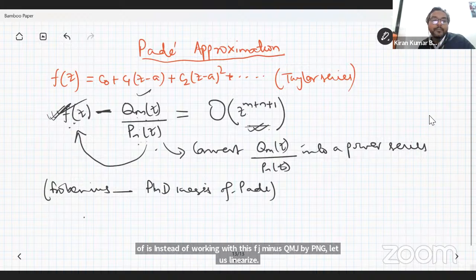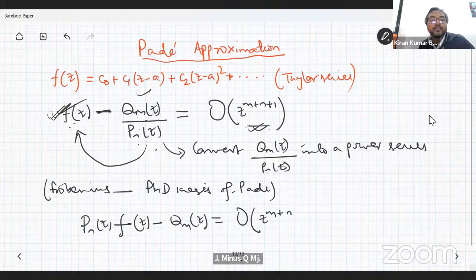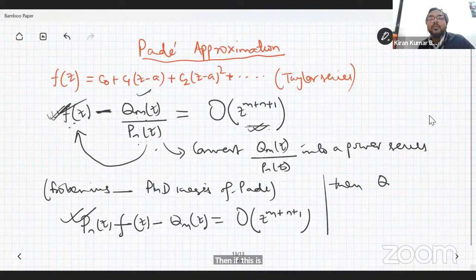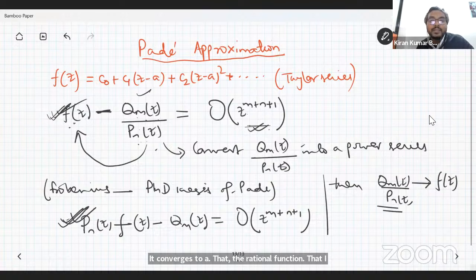If P_n(z) f(z) minus Q_m(z) satisfies this condition, then Q_m(z) over P_n(z) converges to f(z). So the rational function that I obtain via this linearization is called the Padé approximation to f(z).